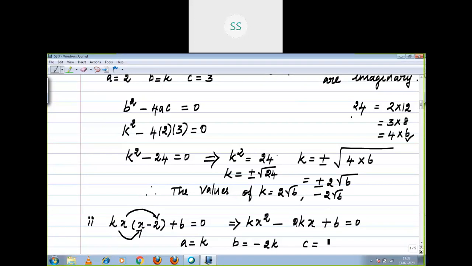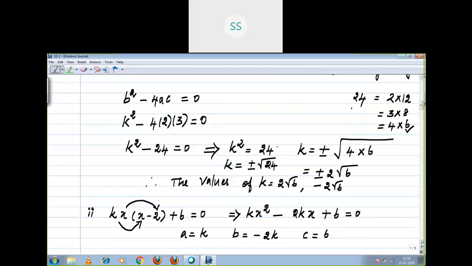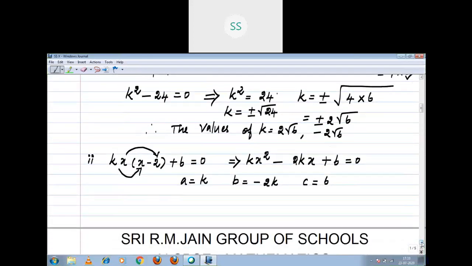What is your C? Constant. Everything you gathered, right? Then you are going to substitute it in the format. What format? B square minus 4AC, right? Given, here also they say, given the roots are equal, which implies D is equal to 0.